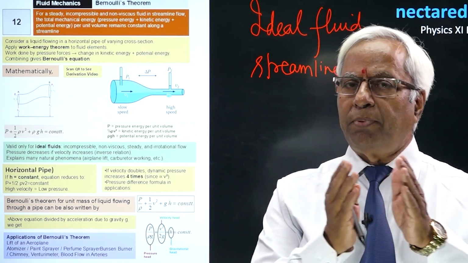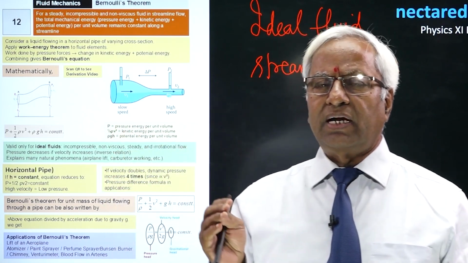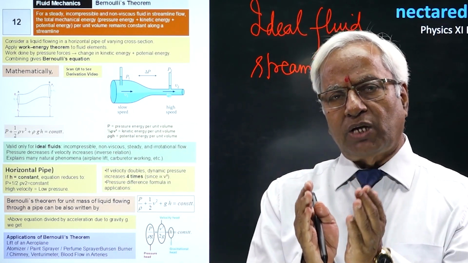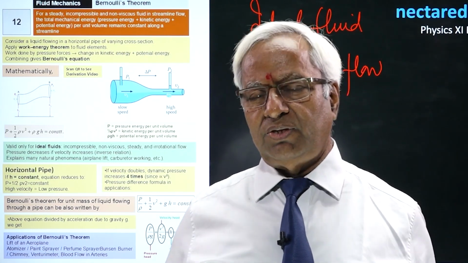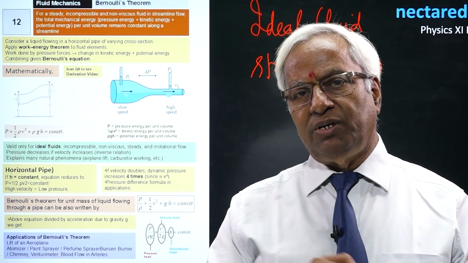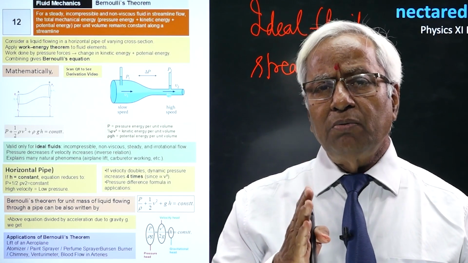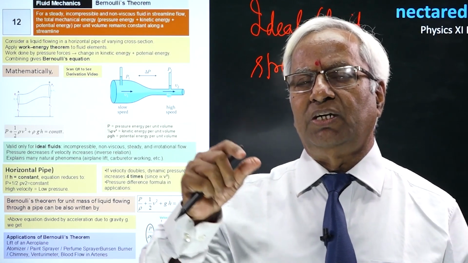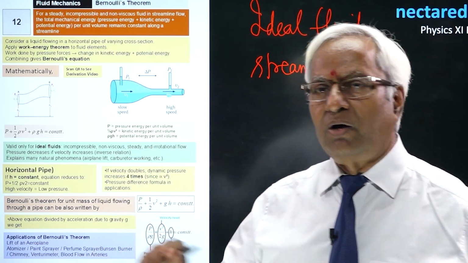Once you say per unit volume and use all the three terms, you have reduced the whole size of Bernoulli's theorem. Now it becomes easier to interpret: for an ideal fluid in a streamlined flow, per unit volume, the sum of kinetic, potential and pressure energy remains constant throughout.